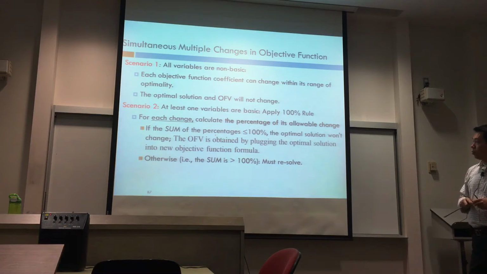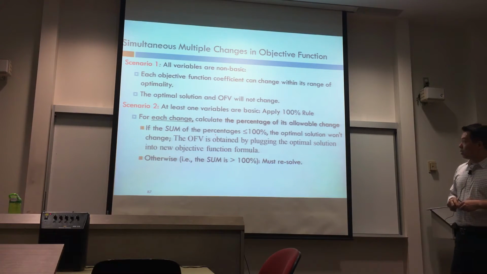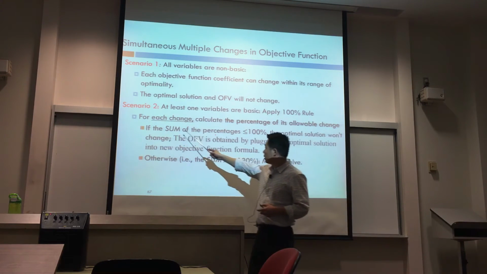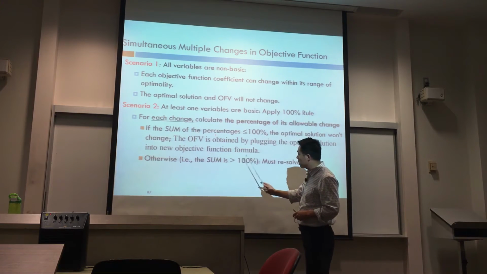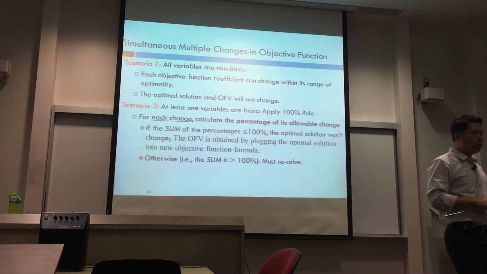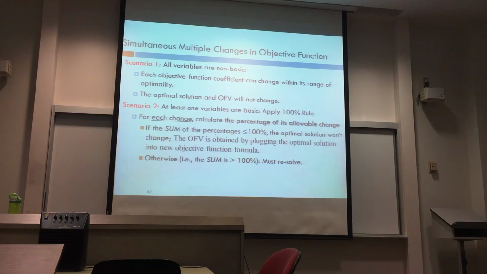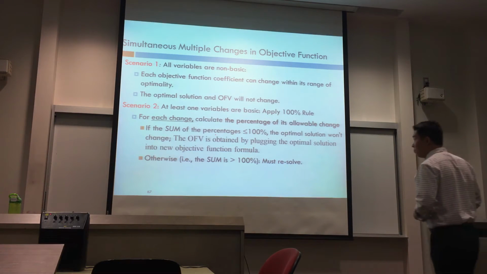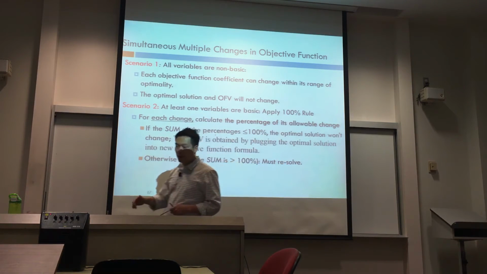Of course, the OFV is going to change. If the sum is strictly larger than 100%, then the optimal solution will change, and you have to resolve the problem to find it out. So that is the 100% rule.